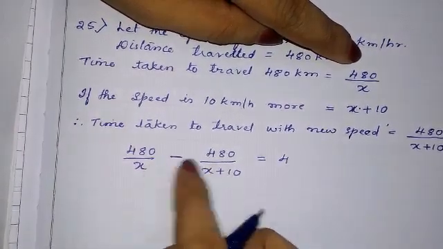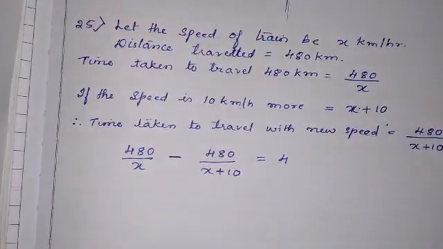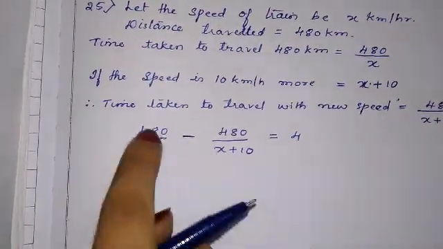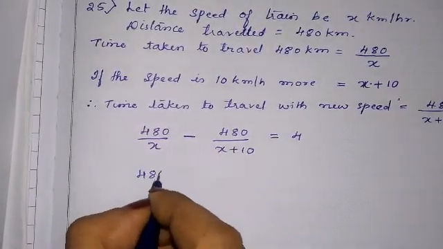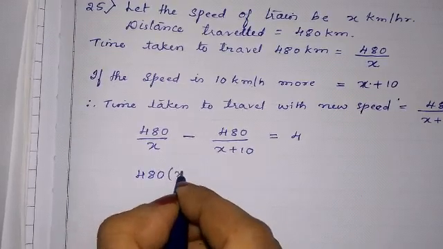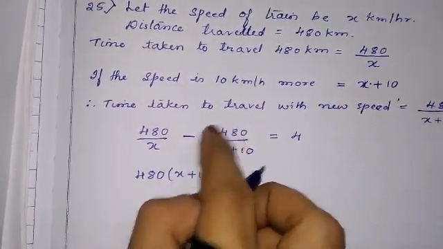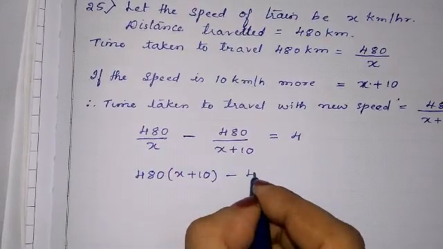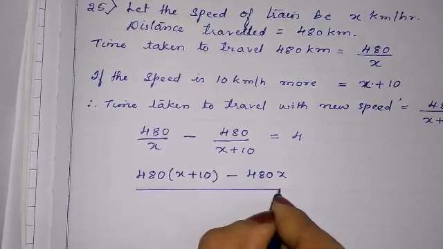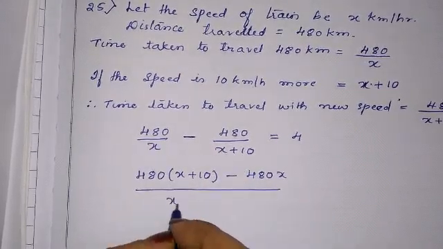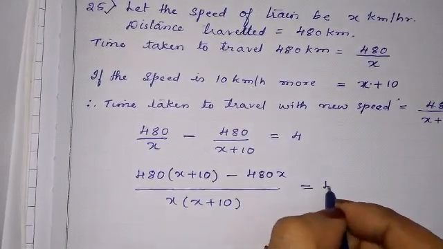Let us cross multiply now. 480 into x plus 10 minus 480 into x, upon x into x plus 10. This side as it is 4.